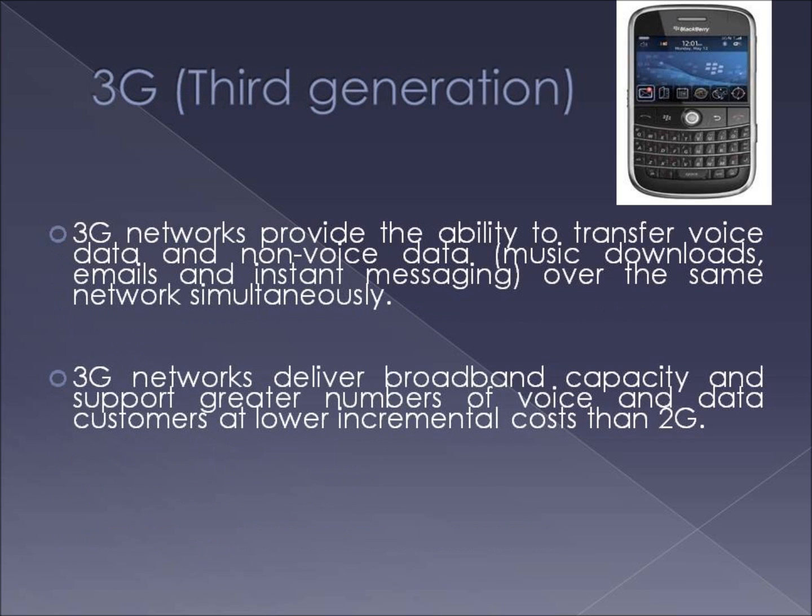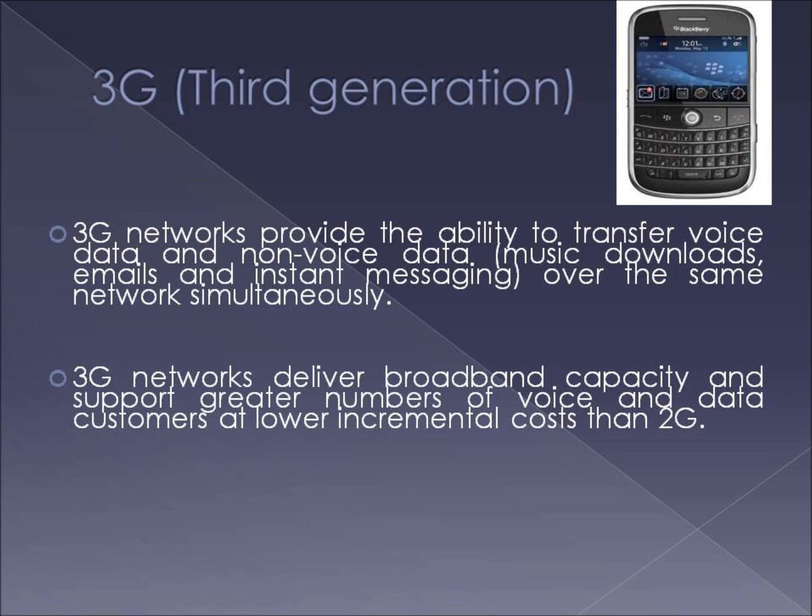Third generation is the better and most recent past technology we had before 4G came along. So the 3G network provided the ability to transfer voice data and non-voice data over the same network simultaneously.